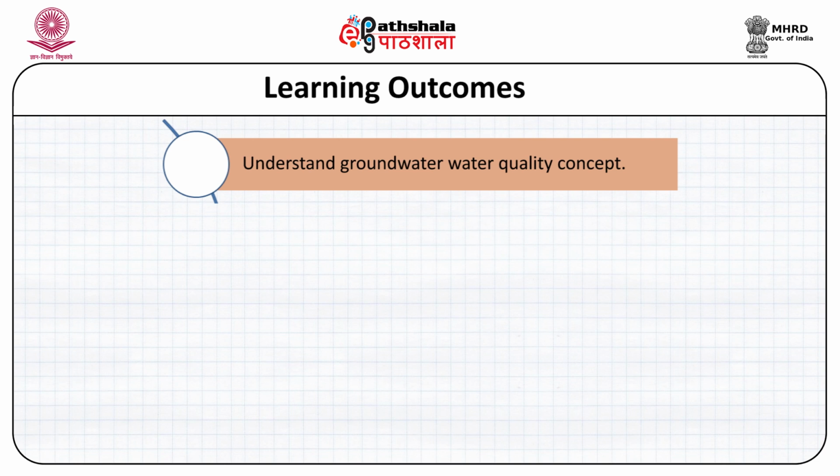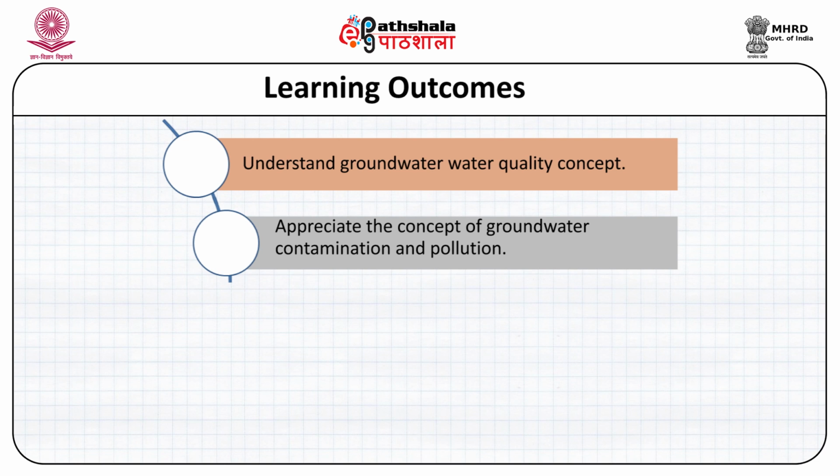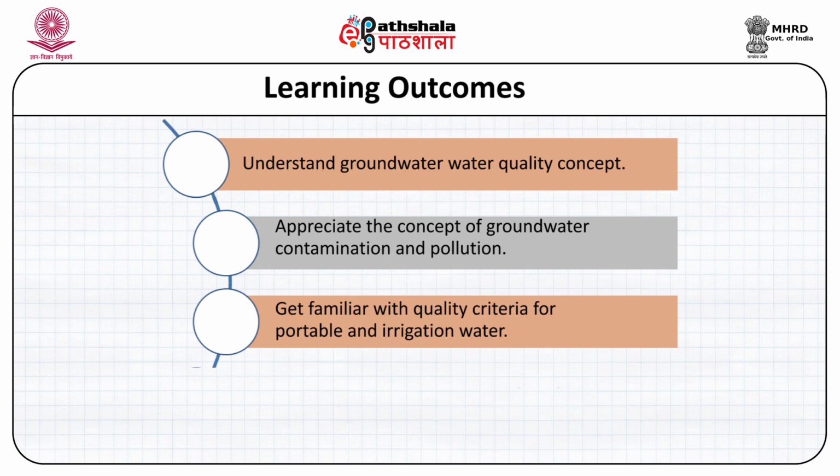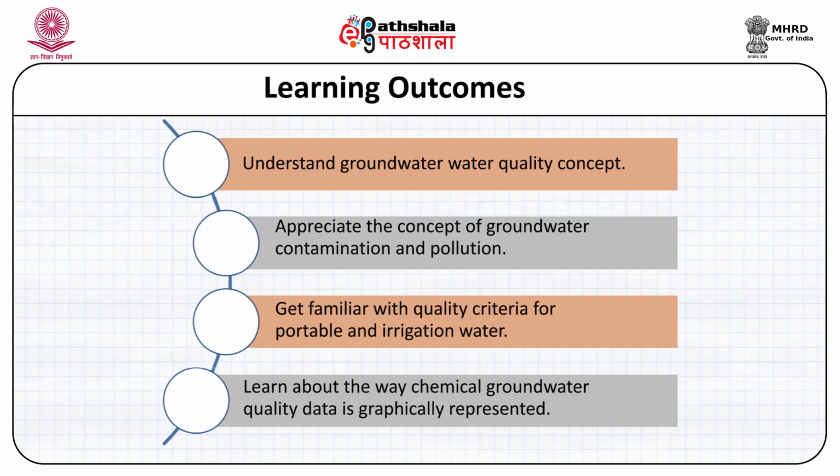Then understand the differences between contamination and pollution of groundwater. Once we understand this, then we will examine the utility of groundwater for irrigation purposes and for drinking purposes. Not only that, then we will learn about graphical representation of water quality data.